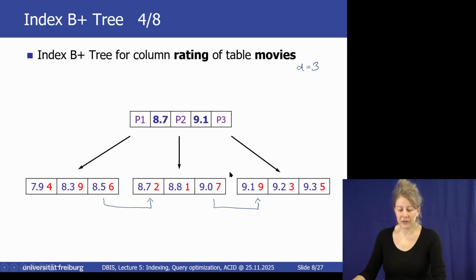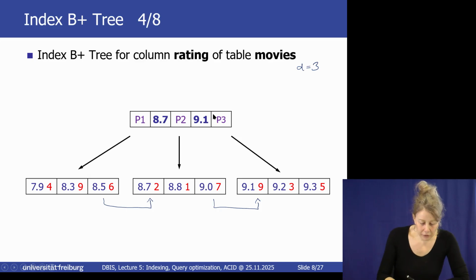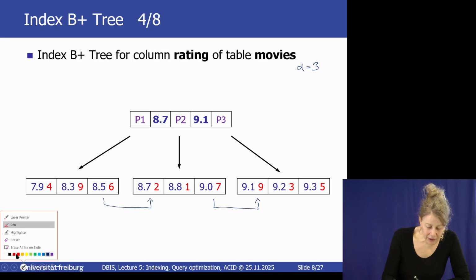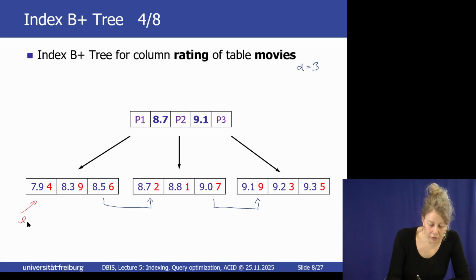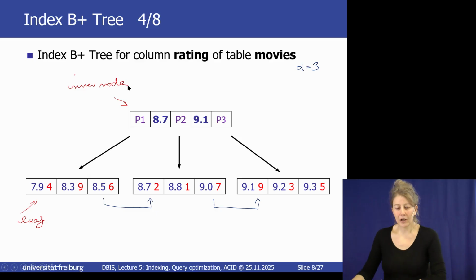And here I have an inner node, so let me also just clarify that. This is a leaf at the bottom of the tree, and this is an inner node. An inner node is just everything that's not a leaf. Now, I have a pointer here that points to 3 pointers, which point to my 3 children.